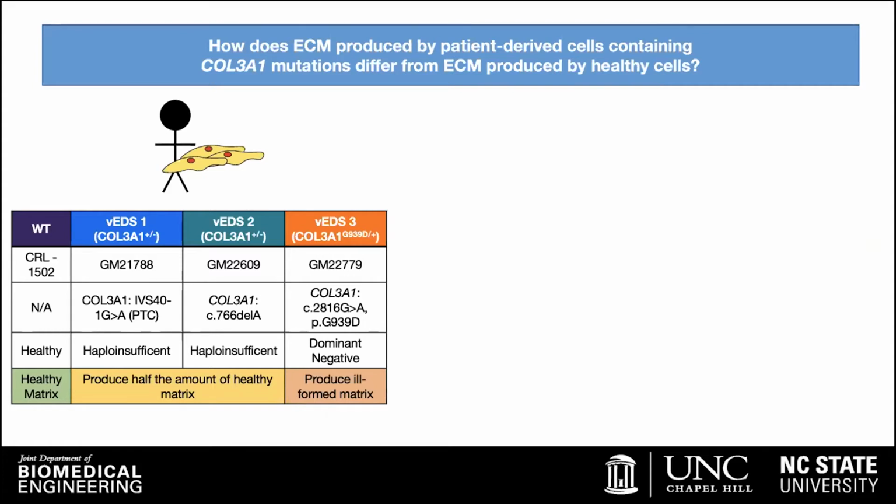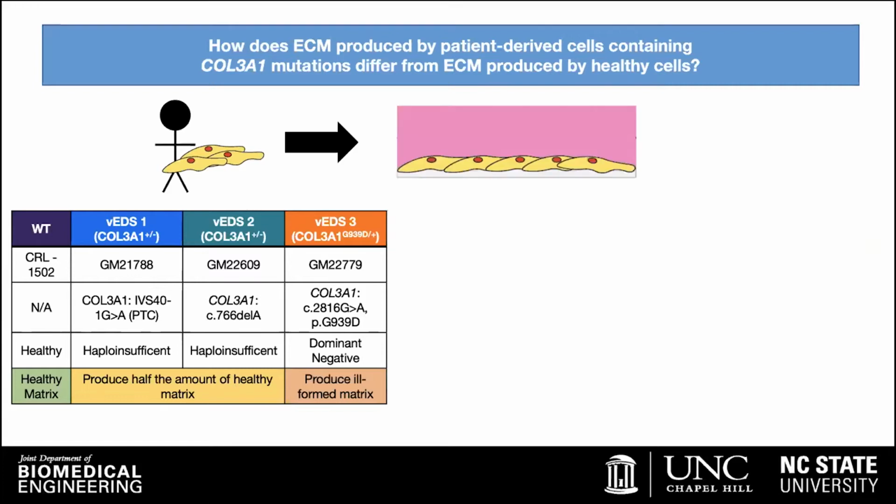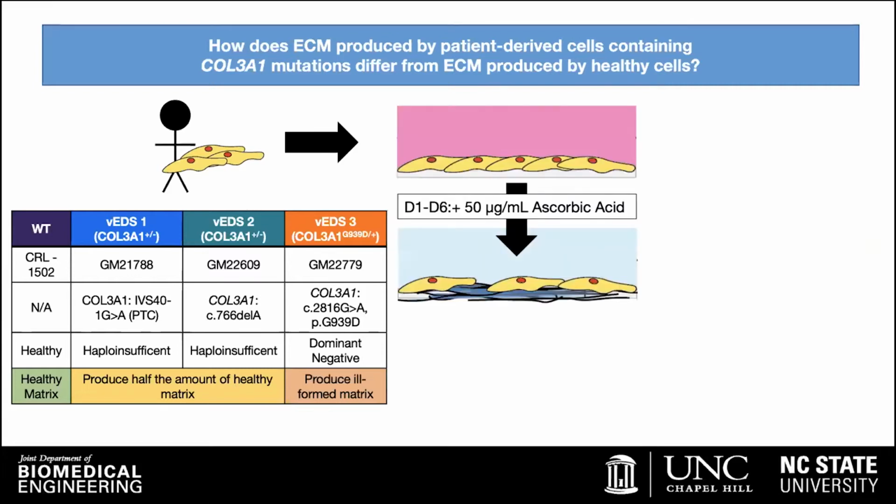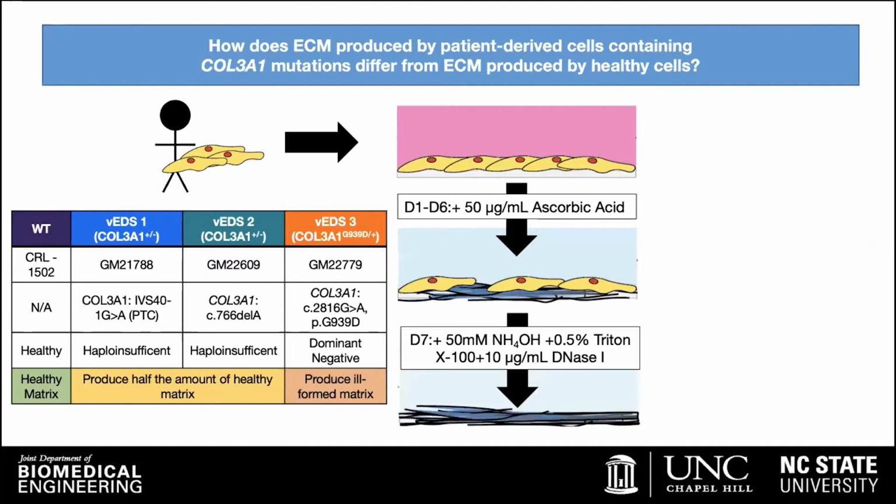Our system that we use to study this cell-derived matrix is we plate cells on tissue culture plates and treat them with a high concentration of ascorbic acid over a 6-day period, encouraging them to produce collagen-rich matrix deposition, after which we decellularize using a detergent paste lysis buffer and treat with DNase to remove residual DNA.